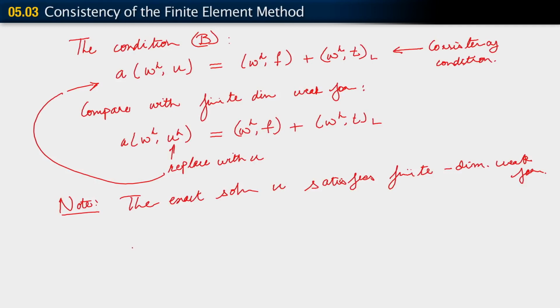I should also extend this note: we've already said the exact solution U satisfies the finite dimensional weak form, right? So this means two things. What it means is the finite element method can recover the exact solution, exactly, right?